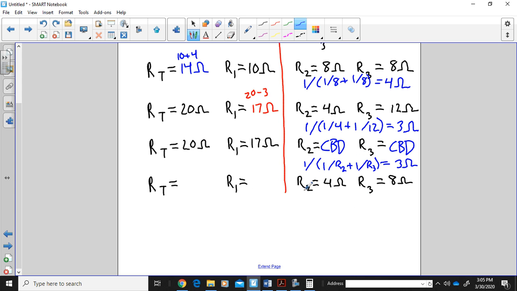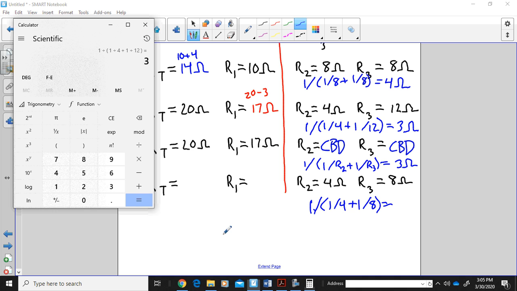Alright, so if I know the right hand side, then I can find the left hand side. So I could put this through my formula. 1 divided by parentheses, 1 divided by R2 plus 1 divided by R3.